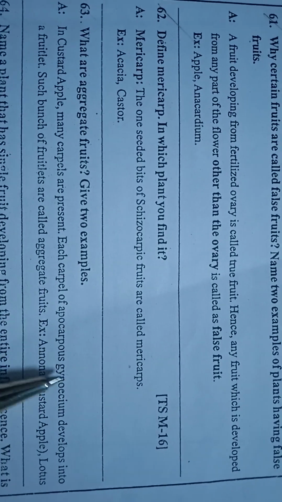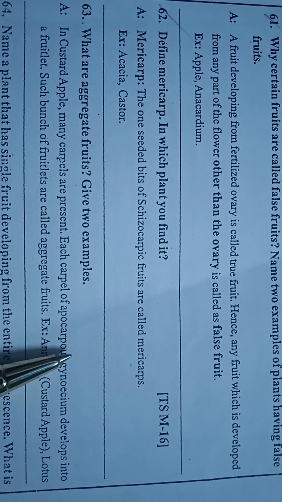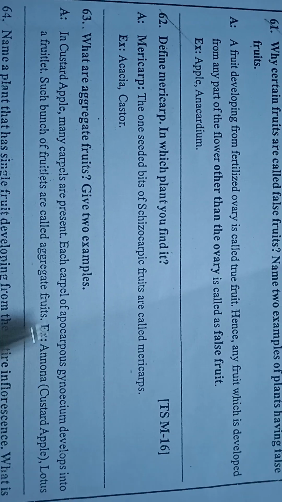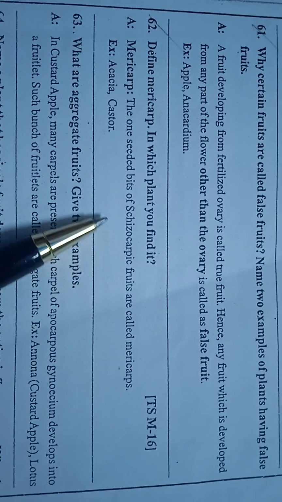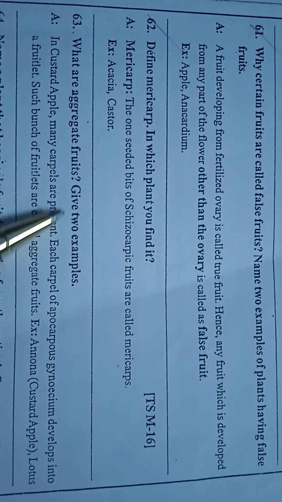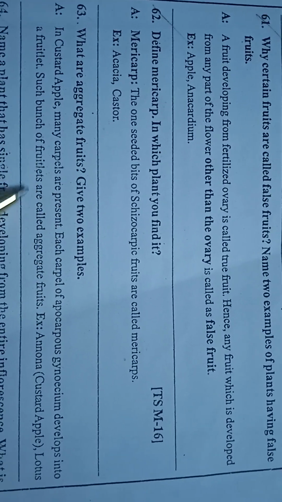Each carpel of the apocarpous gynoecium develops into a fruitlet. So many fruitlets are present in the custard apple, and that bunch of fruitlets is called an aggregate fruit. Example is annona, custard apple, lotus.